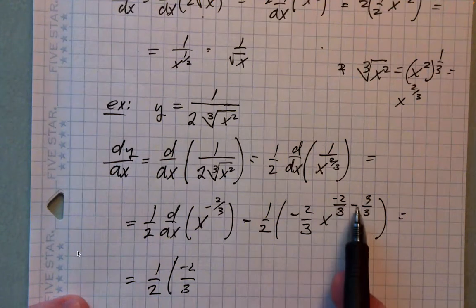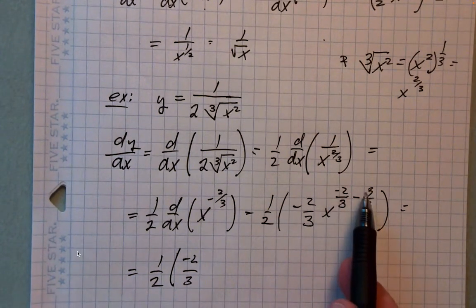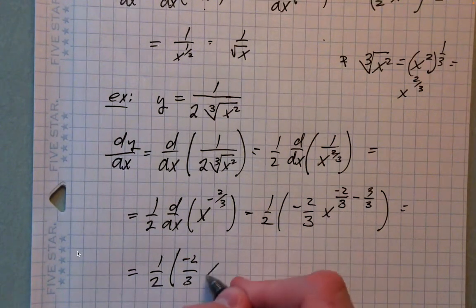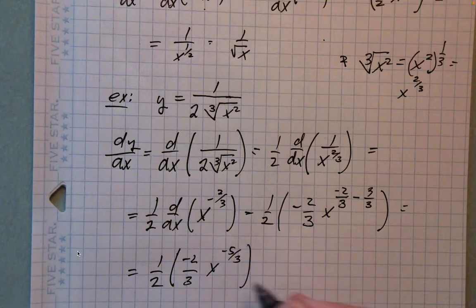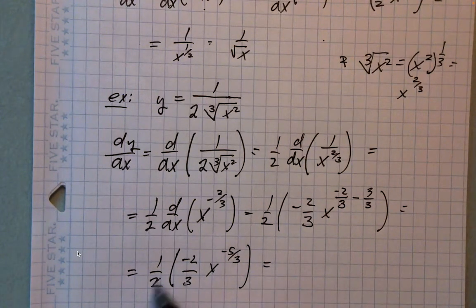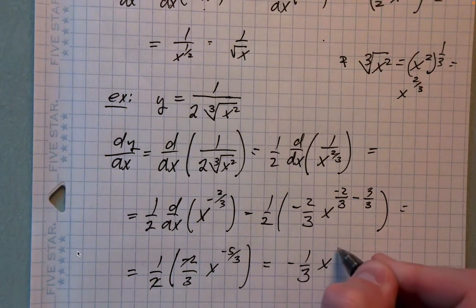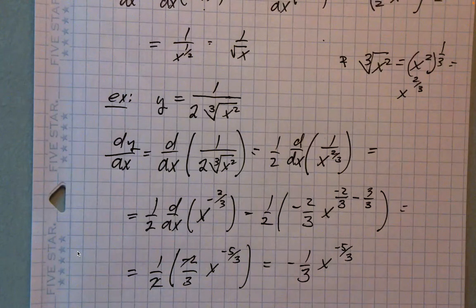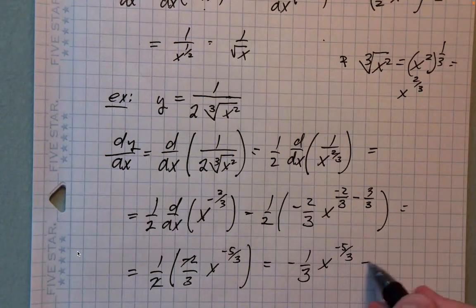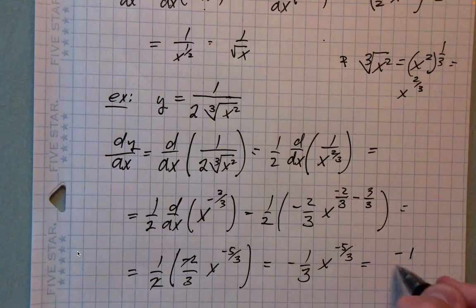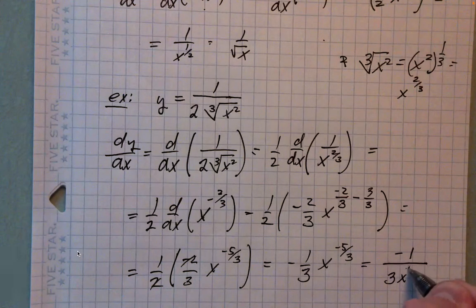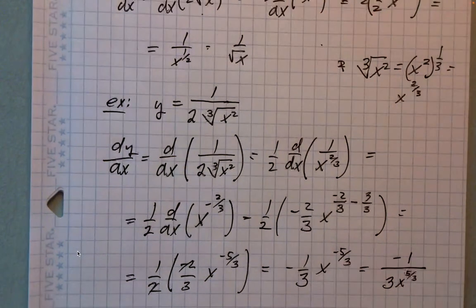And then this exponent is really just negative 5/3, right? Yep, and then the 2's cancel, and so I get negative 1/3 x to the negative 5/3. And I think we should probably write that as negative 1 divided by 3x to the 5/3 power.